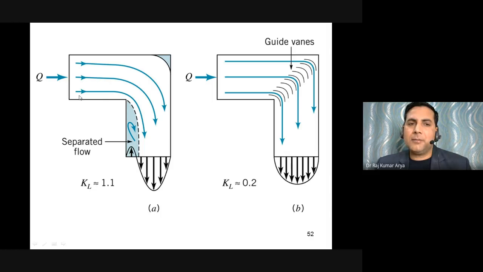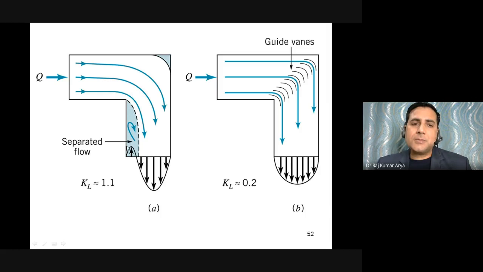So what you have is a flow pattern with streamlines here. Now you see in this particular part, the streamline coming here just follows this particular path. Now there would be fluid in this particular colored zone here, which is permanently trapped. It is not going anywhere actually.